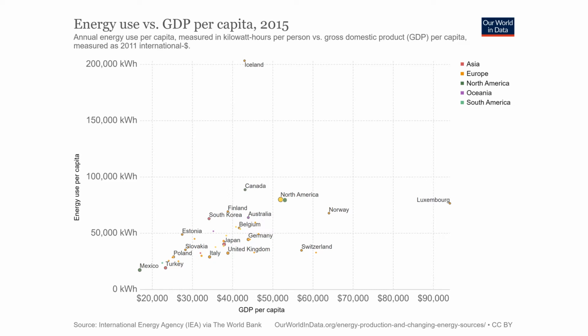If you look at Mexico, their GDP is quite low, but their energy usage is also low. As people get more affluent, they tend to consume more. That's why the more developed countries are using a lot more energy than the underdeveloped countries. Iceland's kind of an outlier out there. I'm not sure what's happening up there.